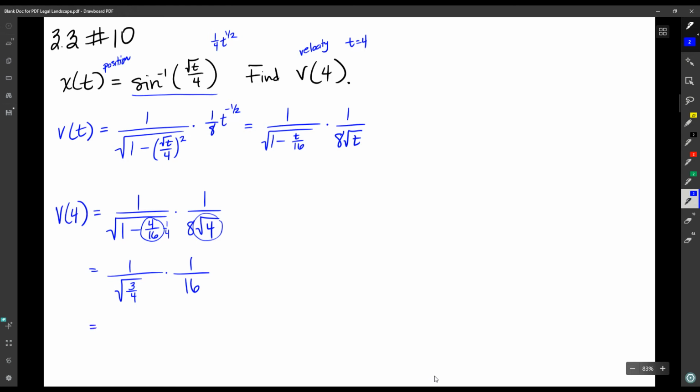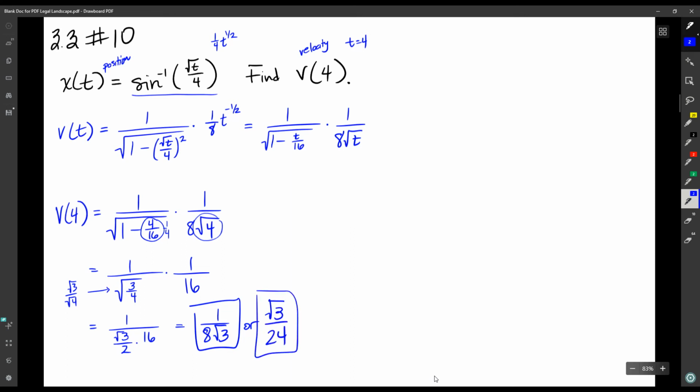And then I can look at the root 3 over 4 as a root 3 over a root 4. So that's now a 1 over root 3 over 2 times a 16, which gives us then a 1 over 8 root 3, which can be a final answer, or if we rationalize, that's root 3 over 24. And either of those would be acceptable in a free response question.